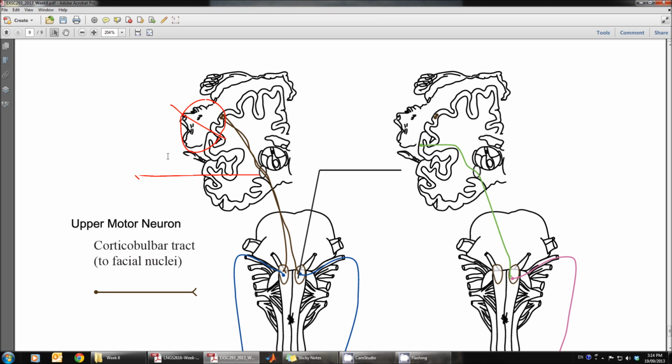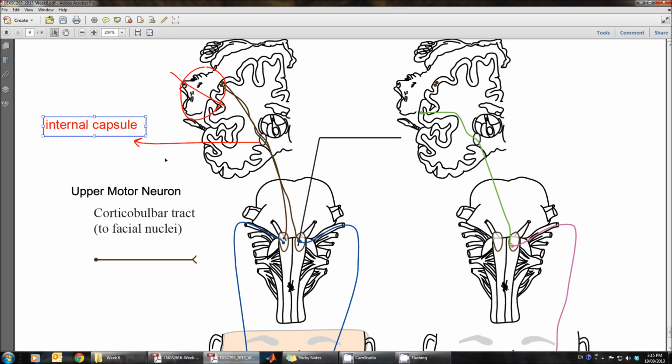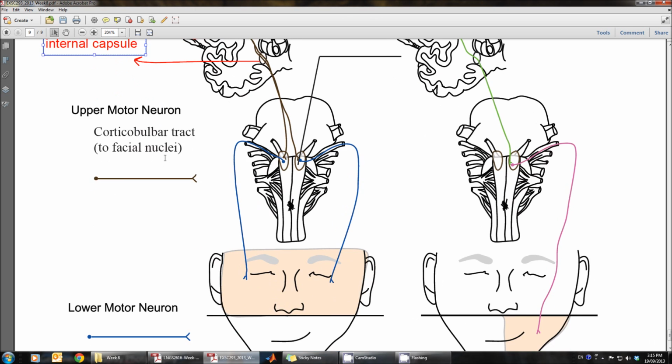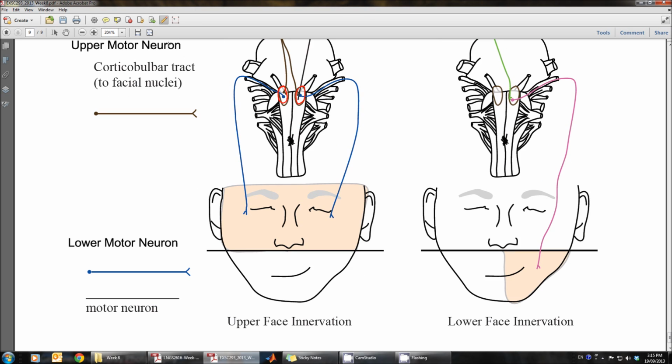So that's the internal capsule. And it will end up in the lower motor neuron area, and specifically that area is our nuclei for the cranial nerve number 7. So this is the nuclei for cranial nerve 7 in the brainstem, and that's where we can find the soma of the lower motor neuron.